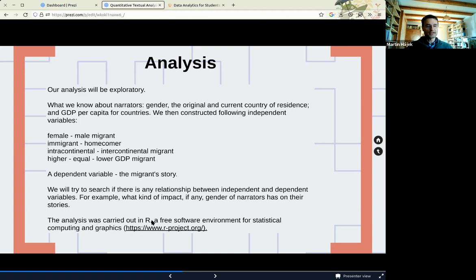The analysis was carried out in R. Perhaps you know this software environment for statistical computing and graphics.